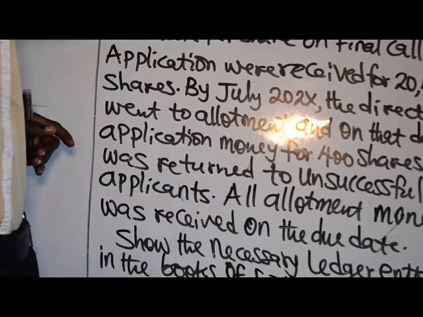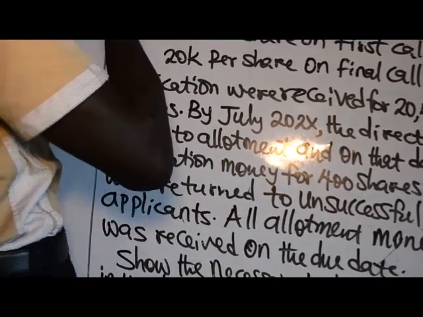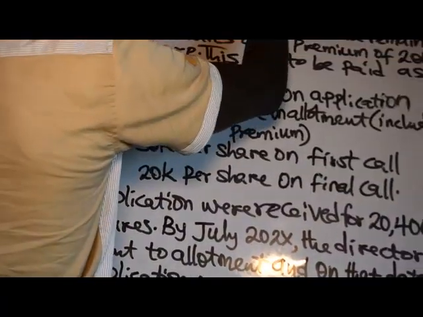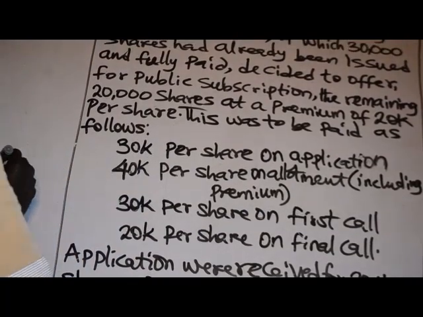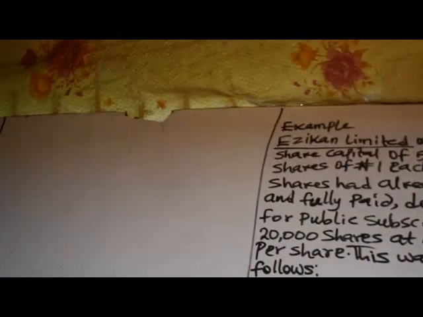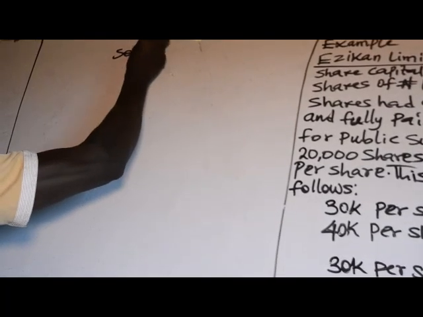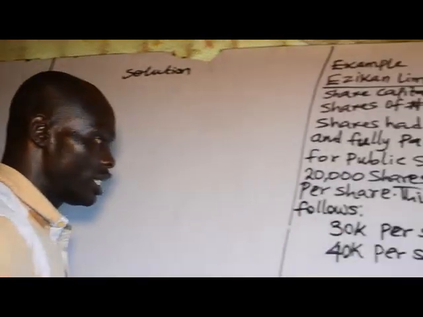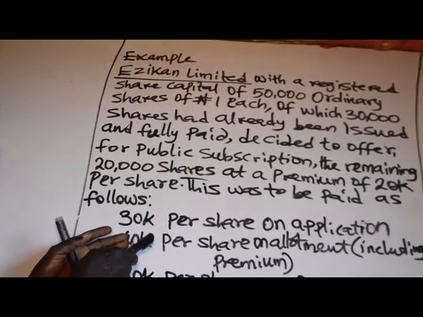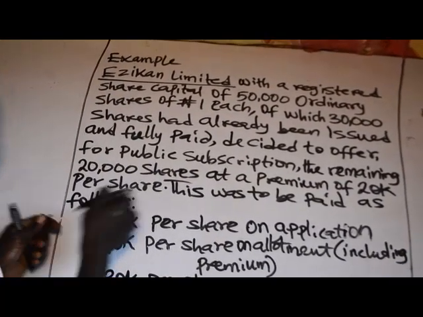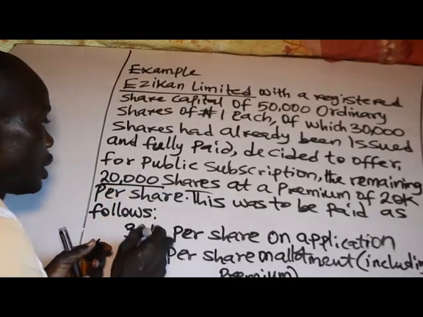So now we want to account for the issue of shares in the books of ICAN Limited. Solution. Upon the receipt, the number of shares issued is 20,000.